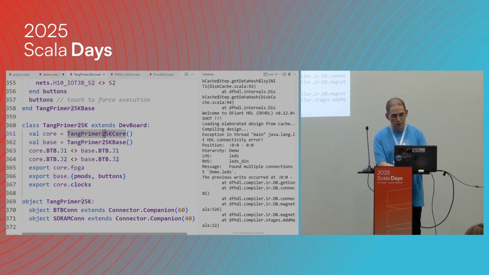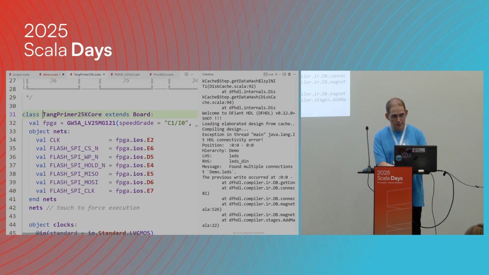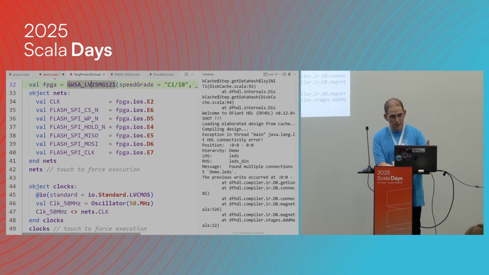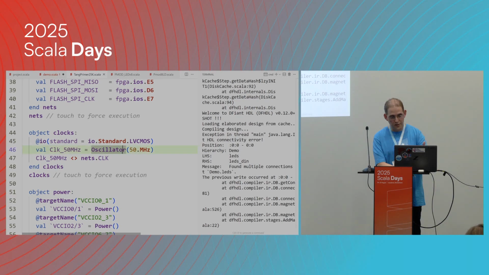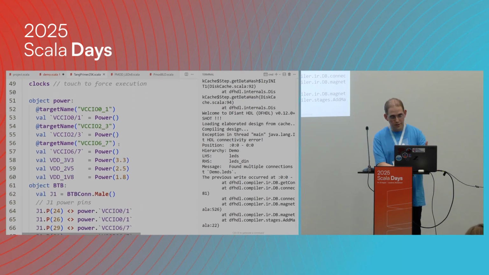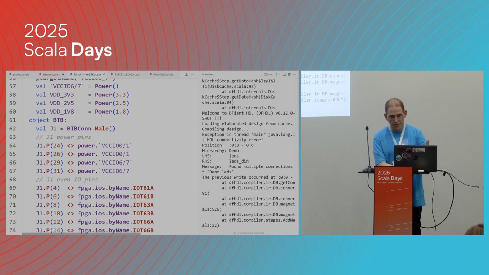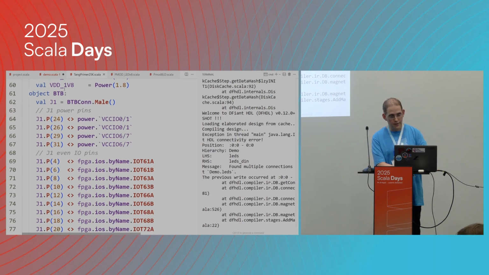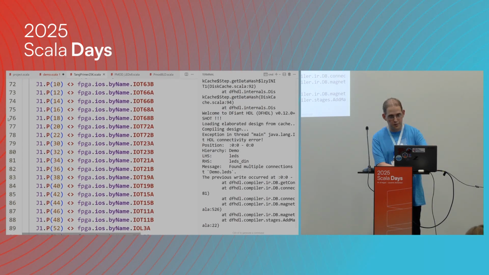The Tang core is composed of the FPGA device, an oscillator, power components to map the power networks, and the B2B connector and the connections. So everything is just connected. You see J1, P16, connected to FPGA IOs by name.